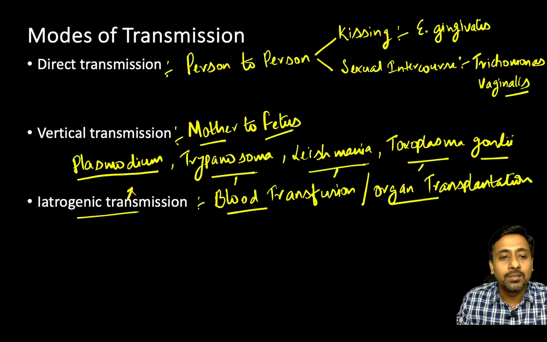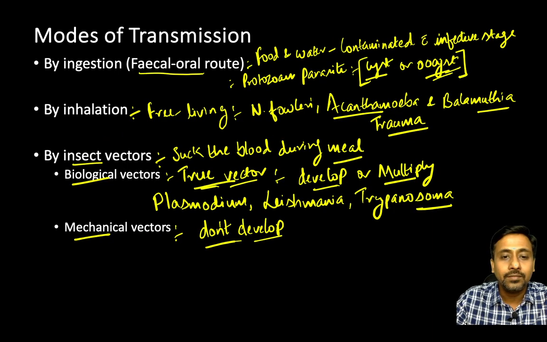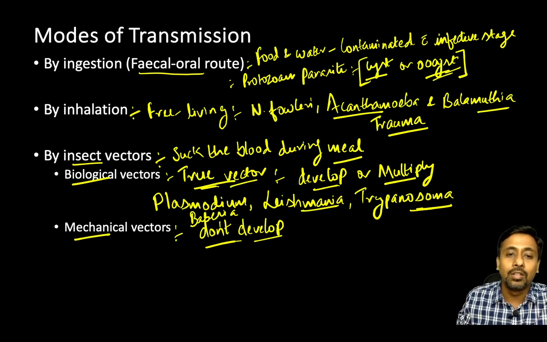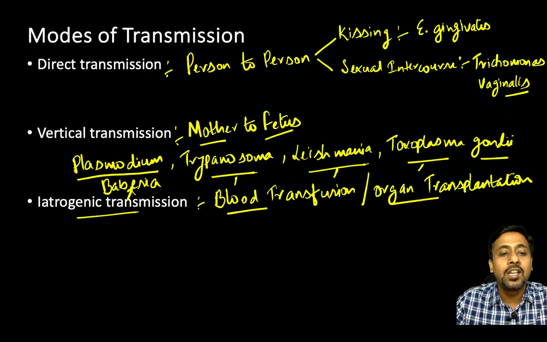Whenever I say Plasmodium, also include Babesia. So if you go back, you'll see that Plasmodium including Babesia, Leishmania and Trypanosoma can be transmitted through insect vector, and they can also be transmitted vertically and iatrogenically, that is through blood transfusion or organ transplantation.